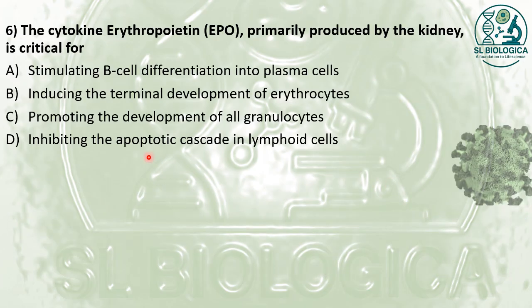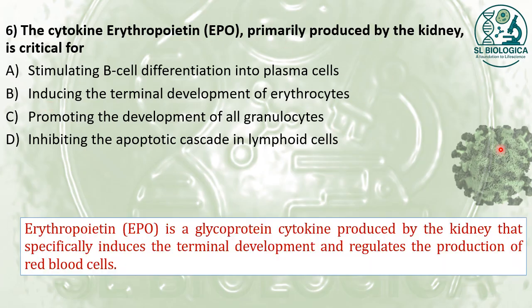Now let's look into the next question. The cytokine erythropoietin, that is EPO, primarily produced by the kidney, is critical for... They are asking the function of EPO, erythropoietin, which is a cytokine. Before moving into the options, let's look at what EPO does.